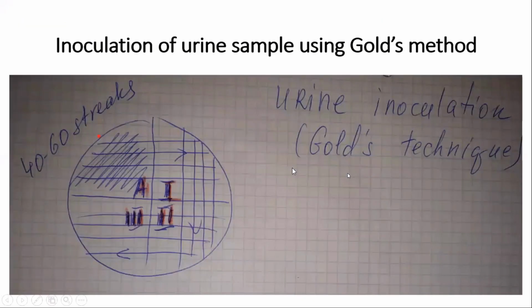There are different procedures of inoculation of urine. It may be the serial dilution method that we discussed in sputum examination. It may be the dip tube method, or it may be the gold technique, gold method. The procedure is the following. It is similar to what you already know, but there are some differences.